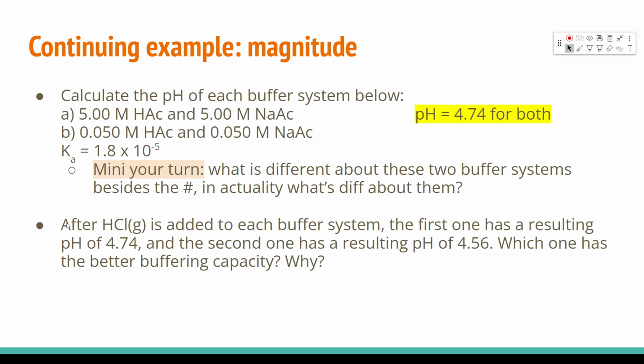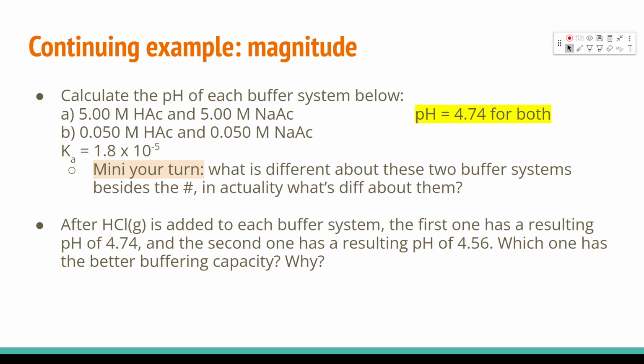And so when you have less moles of things in your buffer, that means you have less reactions that could neutralize a stress. And so the better buffer capacity, again, is the first buffer system, buffer A, because it can absorb more of that stress, pretty much more of that strong acid.